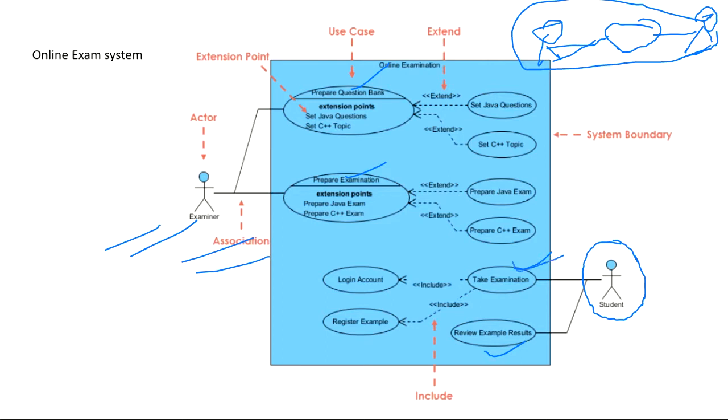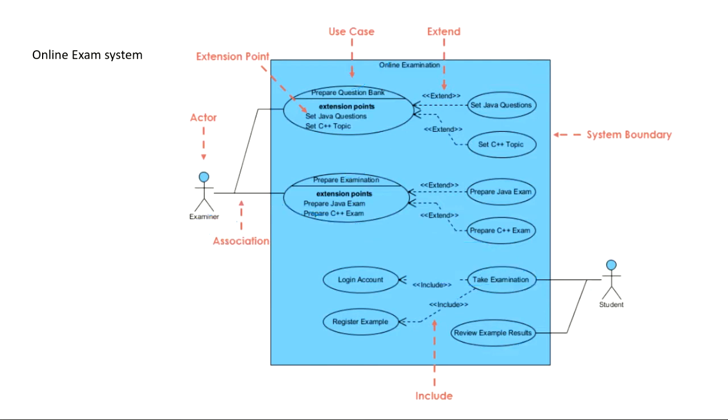It is possible that in the backend the examiner must have created the question bank, but is this use case anyhow associated with the examiner directly? If there was an association from the examiner to this take exam, then we can say that the examiner is associated with take examination and must be a primary actor, then the student is a secondary actor. But in this case, it is not explicitly mentioned.